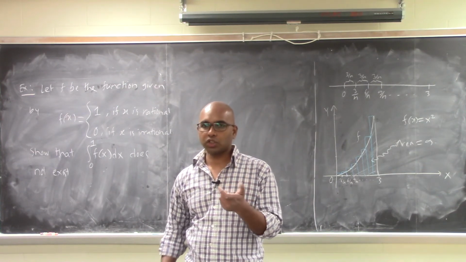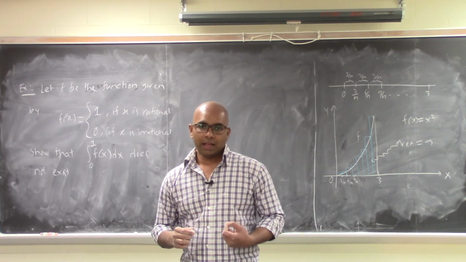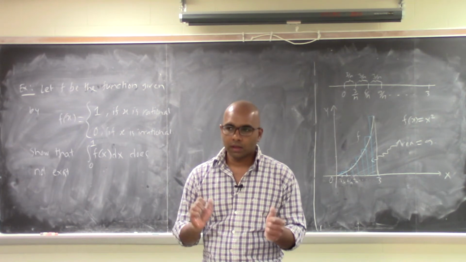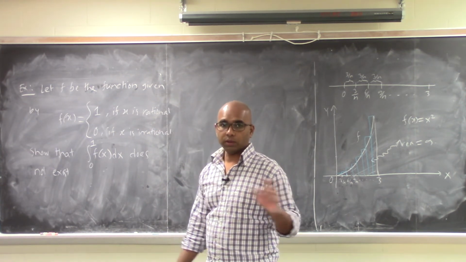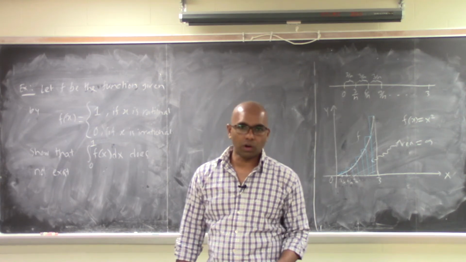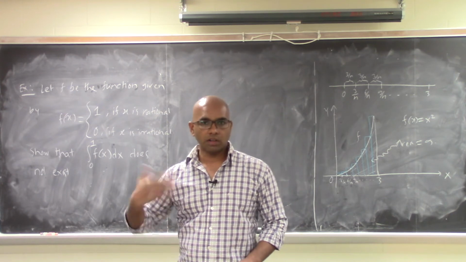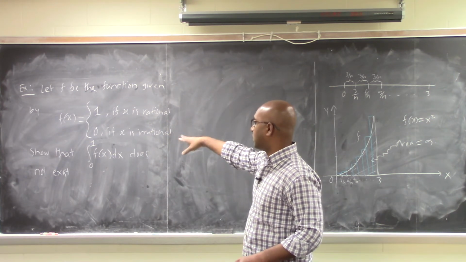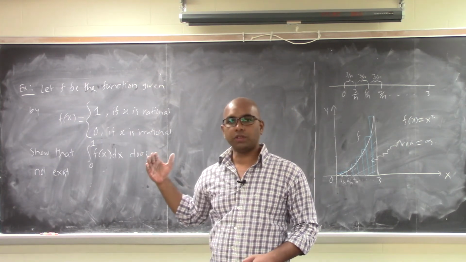Actually, there is one partition, but then we'll choose representative points in two ways. In the first case, we'll choose just the rational numbers. But then all the rational numbers will give us output 1, so that will give Riemann sum 1. And in the other choice, we'll take all our tags or our representative points to be irrational numbers. But then f of irrational numbers are 0. So all those Riemann sums will be 0, right?